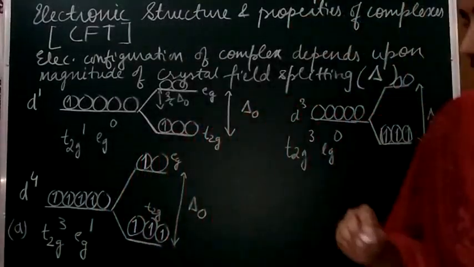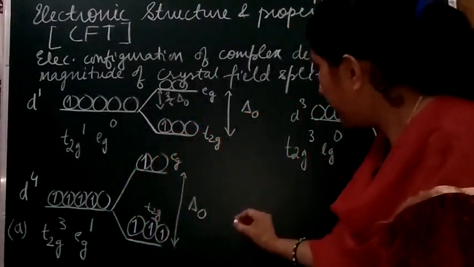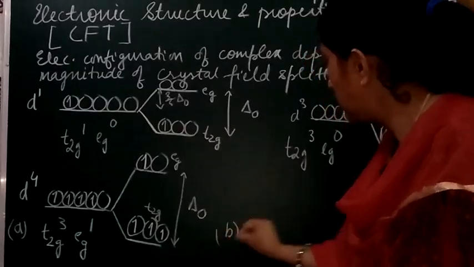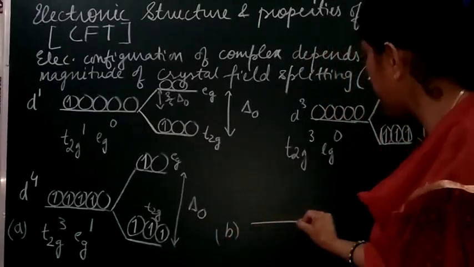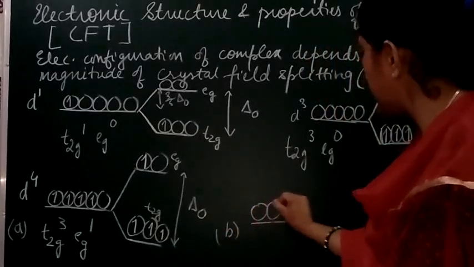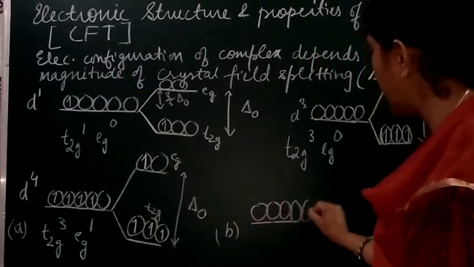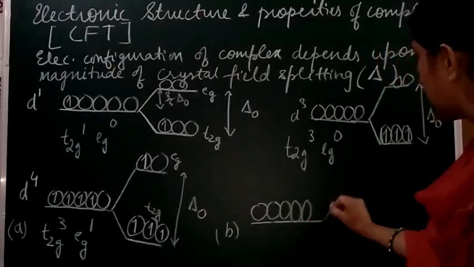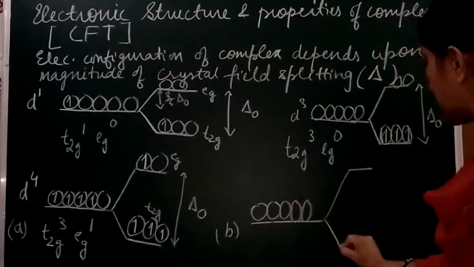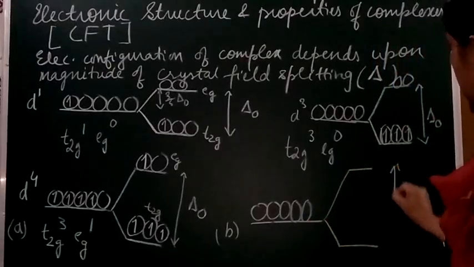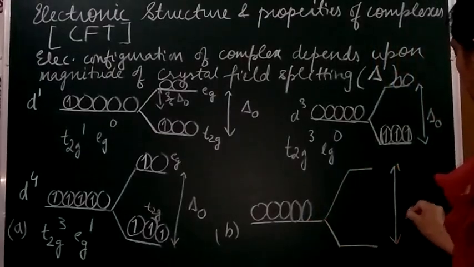Now we can have a second case also, case 2. Here we have the 5 d orbitals, and this is delta naught.